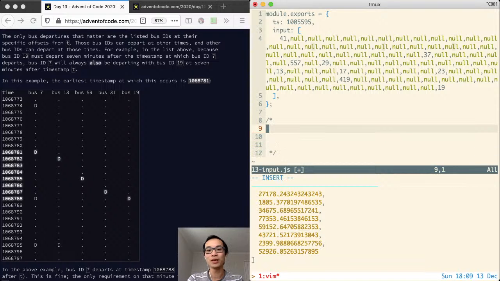We're looking for T that divides 41. Then we want T plus, we need to count this. T plus 1, 2, 3, 4, 5, 6, 7, 8, 9. Okay, I'm gonna split this. Hang on.